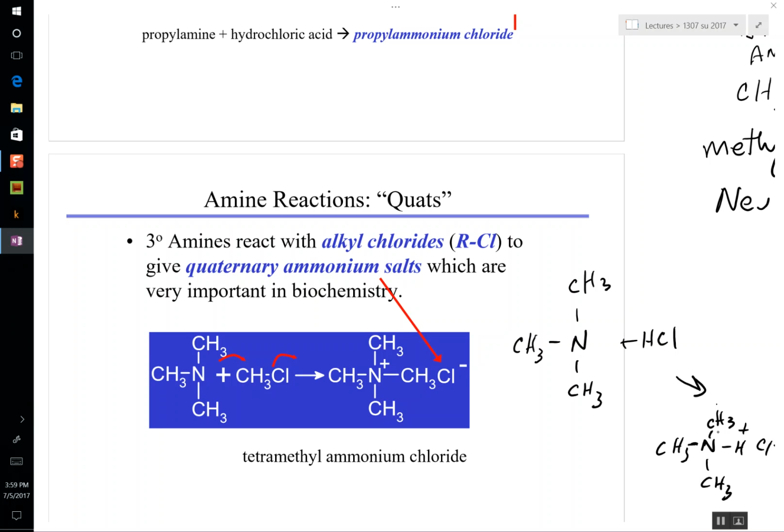This is tetramethyl ammonium chloride. Tetra. Quat. Like a quartet. We've got 4 things around that nitrogen, 4 organic groups. That's a quat salt.